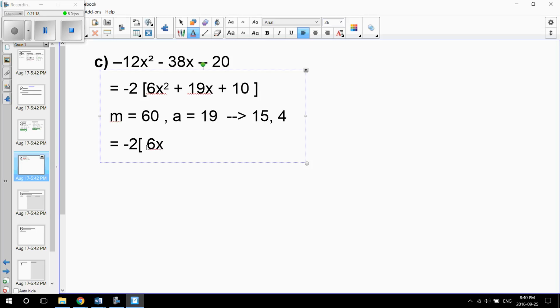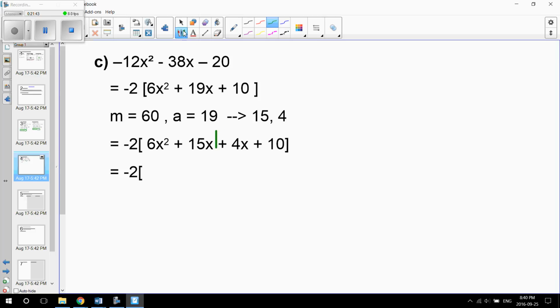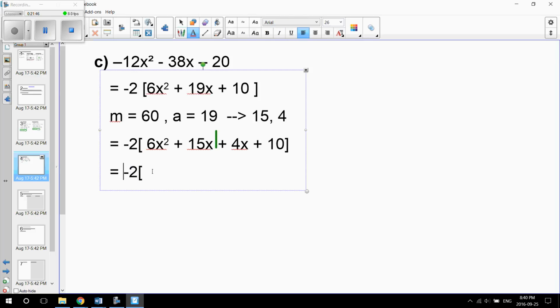So rewrite our equation: 6x squared plus 15x plus 4x and plus our 10. Break up that equation to common factor stuff out. What we can common factor out of a 6x squared and a 15x is a 3x, which leaves us with a 2x plus 5.